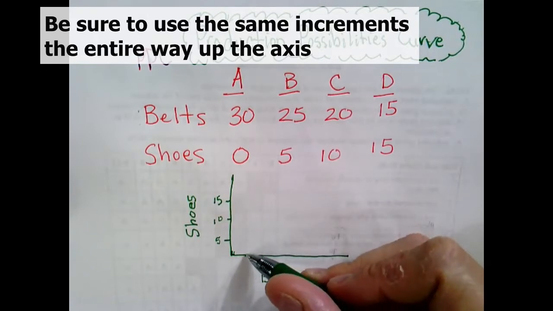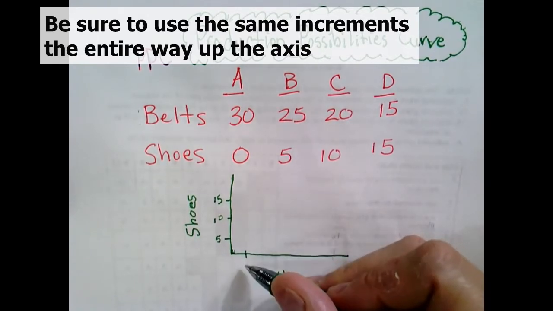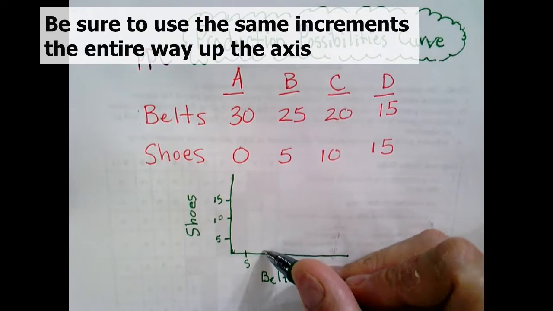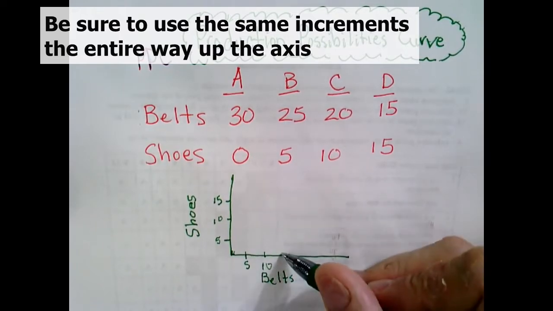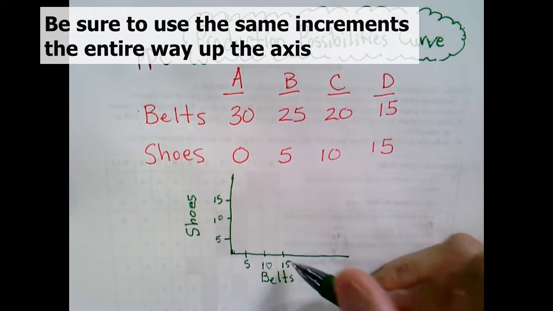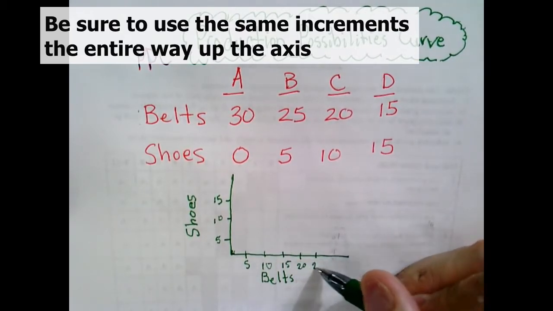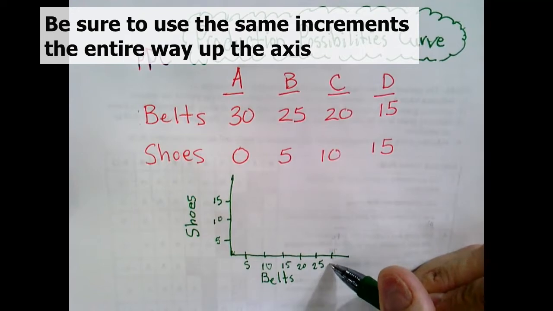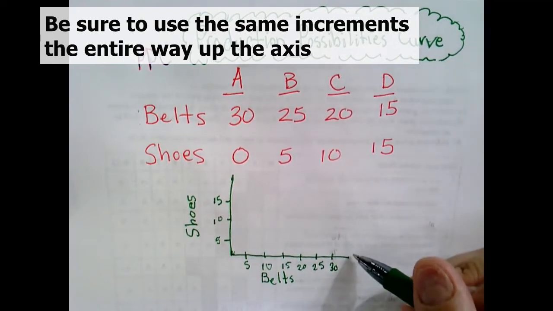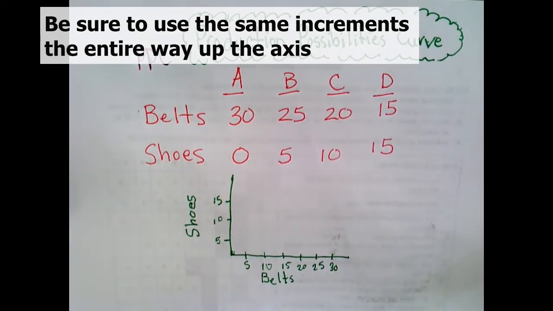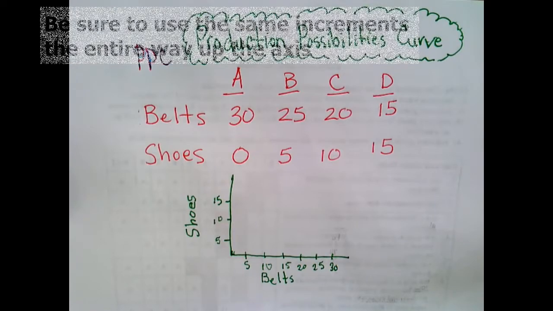This is going to be 5, 10, 15, 20, 25, 30, and that's all I need, right? 15 to 30. Now let's go ahead and plot these points.